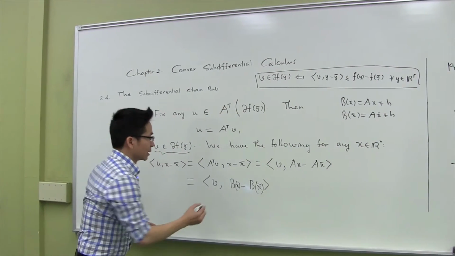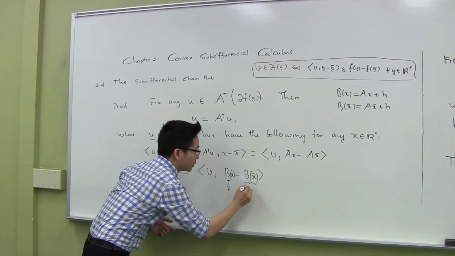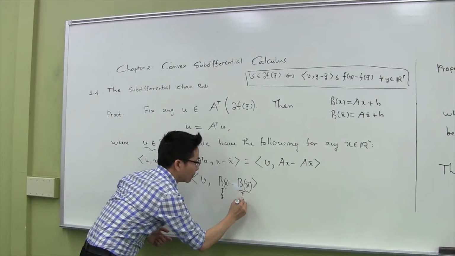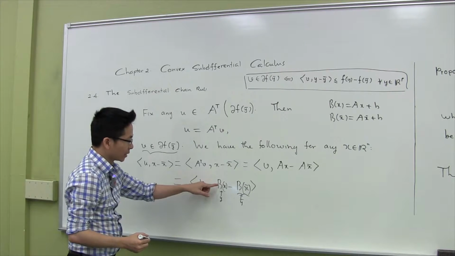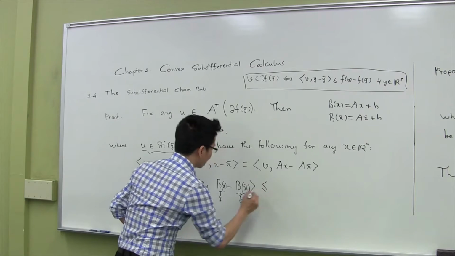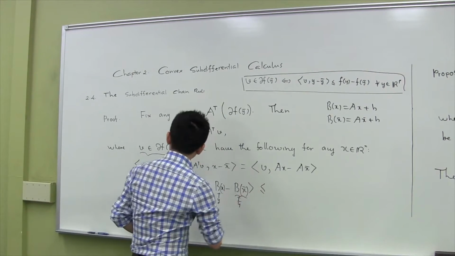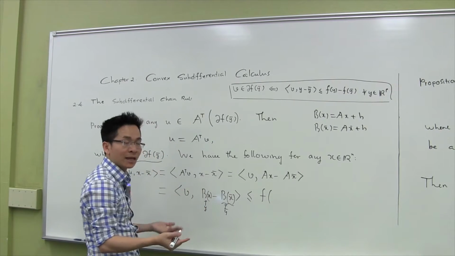So, in particular, here if we denote this by y, and we know that this is y bar, then the inner product of v and y minus y bar is always less than or equal to the following: f of y minus f of y bar.